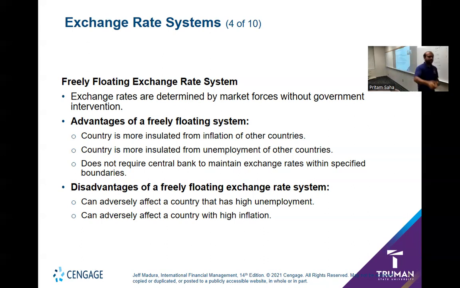And that can subsequently affect the exchange rate. That could subsequently affect export. And similarly, that can affect the economy of other countries. So when there is a free float, any changes in the exchange rate will affect your export-import decisions and price level in other countries. And that is the impact. Questions?